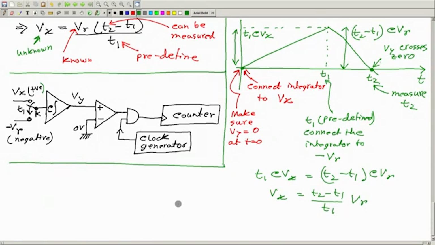Right. So this is the period when the integrator is connected to the Vx. Okay.